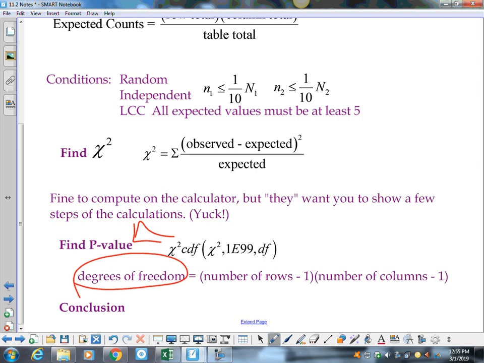Degrees of freedom is the number of rows minus 1 times the number of columns minus 1.